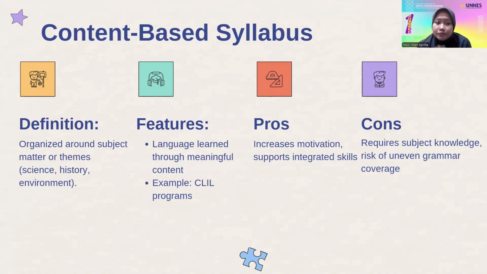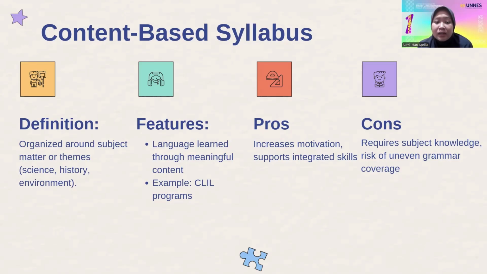This approach organizes language learning around meaningful topics or subjects such as science, history, and environment. The main idea of this approach is that students can learn language naturally while they are learning something interesting or relevant to their life. For example, in English we can discuss climate change.